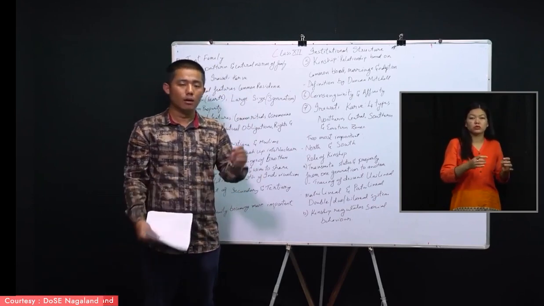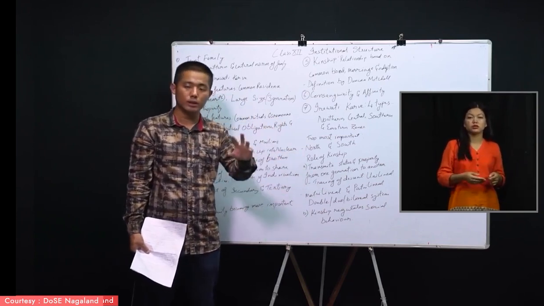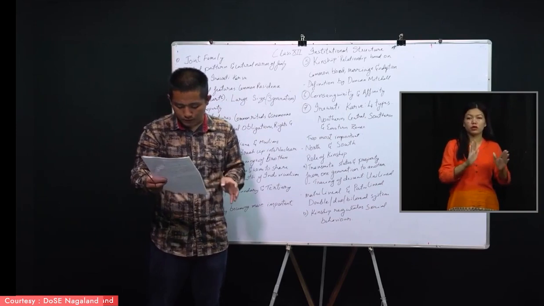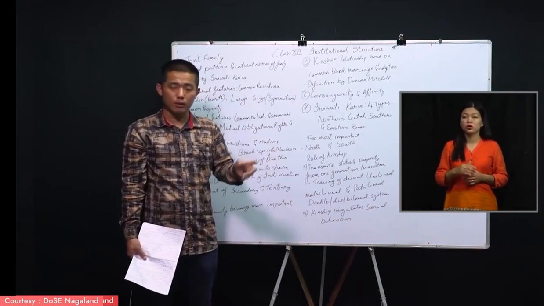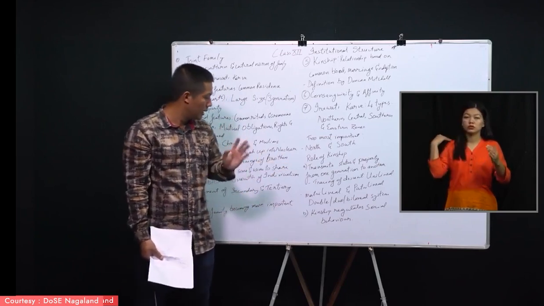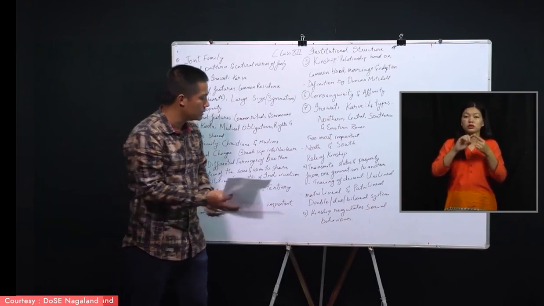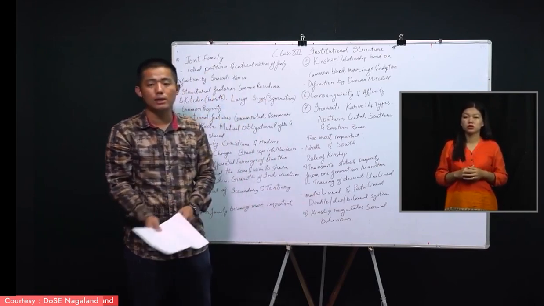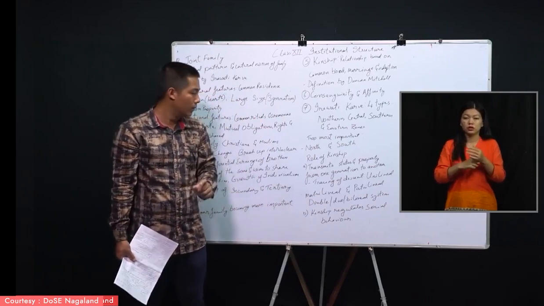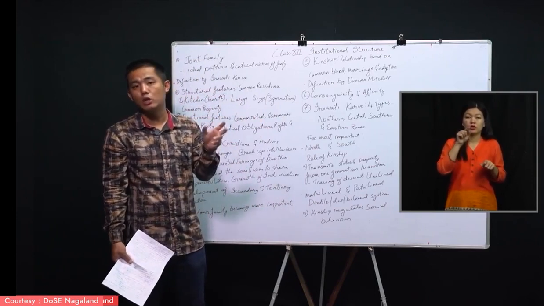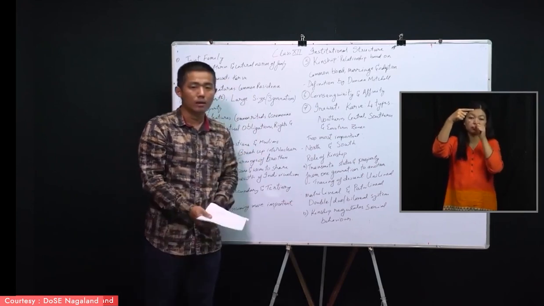Descent means a person belonging to a particular ancestor or forefather, a certain generation. When we talk about descent, we can see there is unilineal. Unilineal means the descent which has been traced through one line. We have either matrilineal or patrilineal.